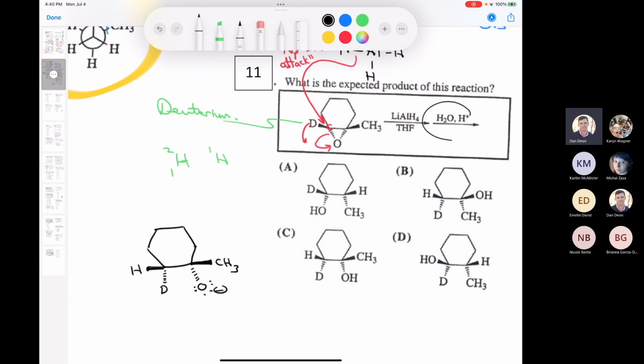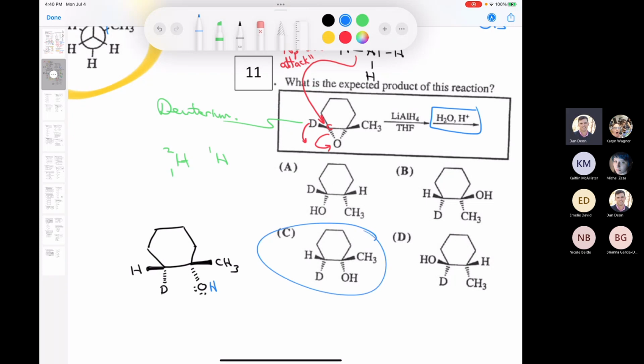The second step is just treating it with aqueous acid. When you treat it with aqueous acid, what that does is it protonates this oxygen so that you end up with OH. So which one of these is the right answer? It's this one here.